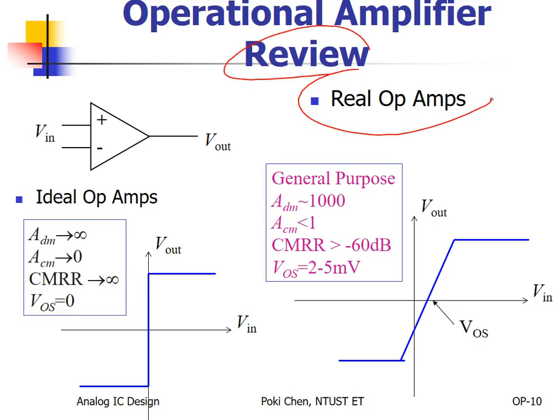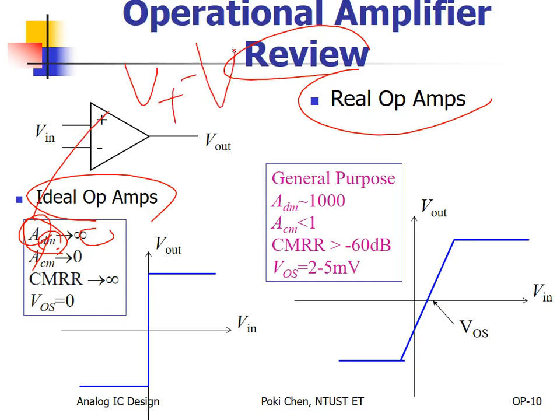Yeah, in theory, what is an ideal op-amp? Again, it only helps you to amplify the difference of your inputs. Okay, with infinite gain. We call it differential mode because this gain is used to amplify your positive minus your negative, amplified by ADM, right? Differential, because of the difference of your V plus and V minus.